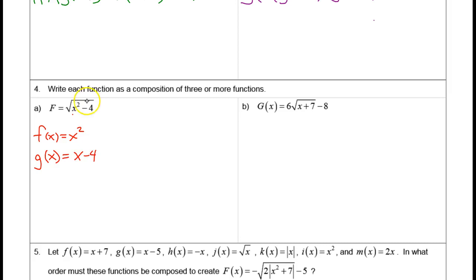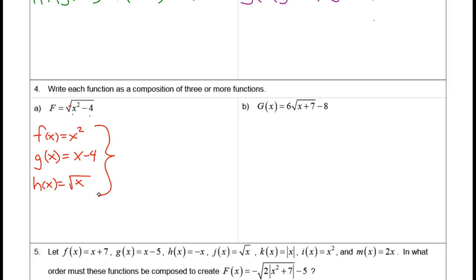If you think of this problem as what you would do to evaluate this function, the first thing you would do is square your input. Then you would subtract 4. So that's what g of x equals x minus 4 does. And the last thing you would do is take the square root of all of that. So that takes care of those 3 different operations.